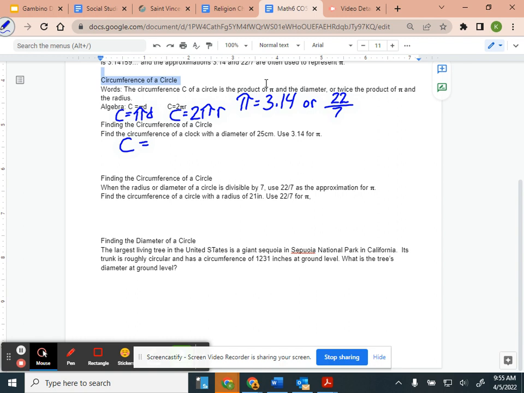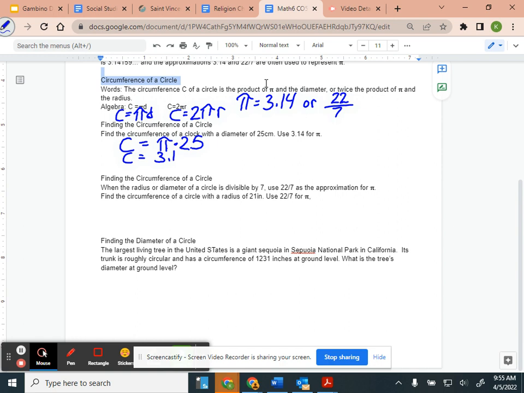What equation are we going to write? We're going to start with C for circumference equals what? What math am I going to do, Brielle? Yeah, because it's 25 centimeters is our diameter. So I'm replacing the diameter with 25 centimeters. Pi, what number am I going to put in for pi? 3.14.